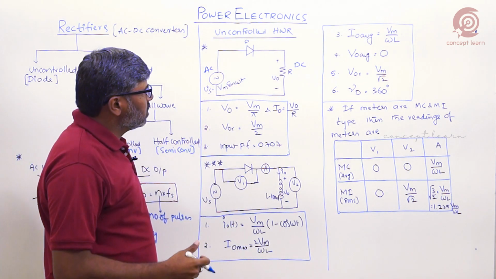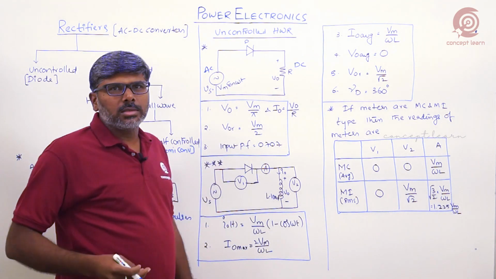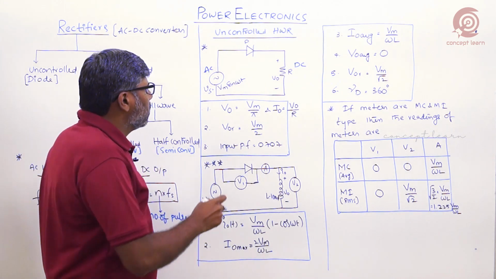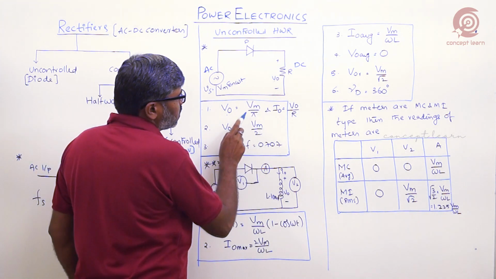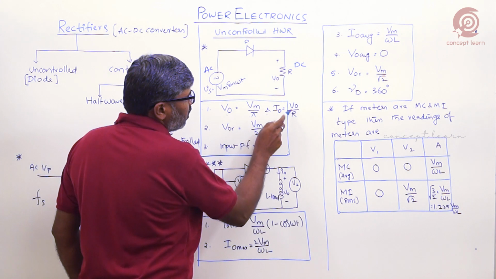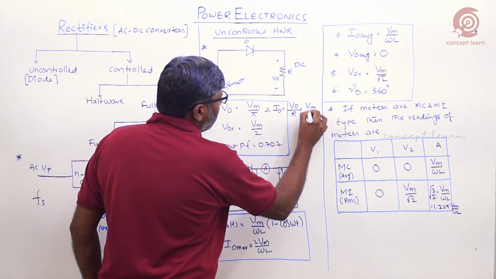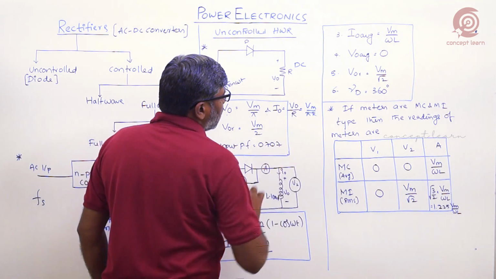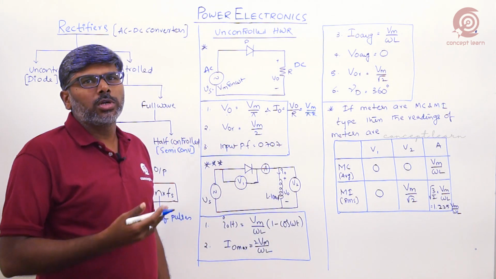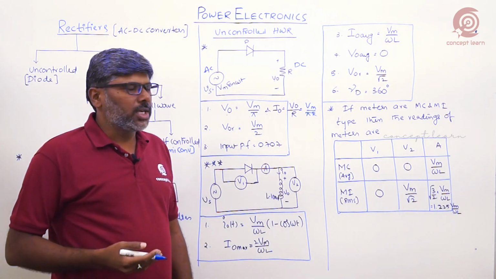So in this process, we need to analyze the load parameters. V0 load voltage is Vm by pi and I0 is V0 by R. V0 means what? Vm by pi. That is equals to Vm by pi R. This is the output voltage as well as current quantities.